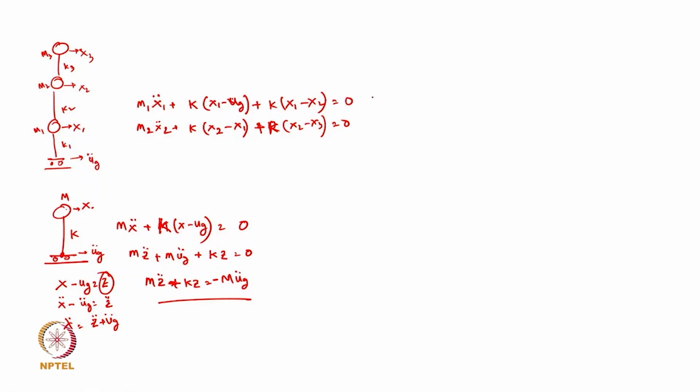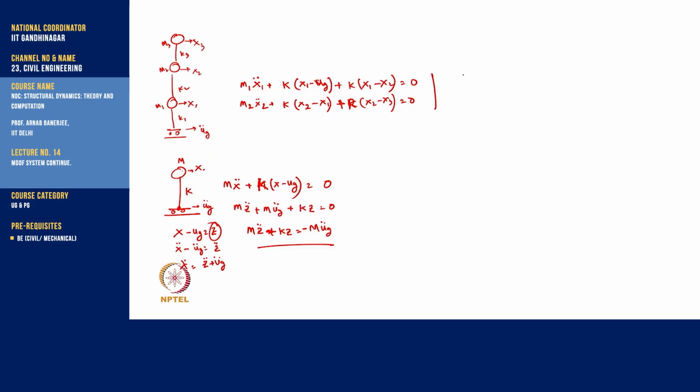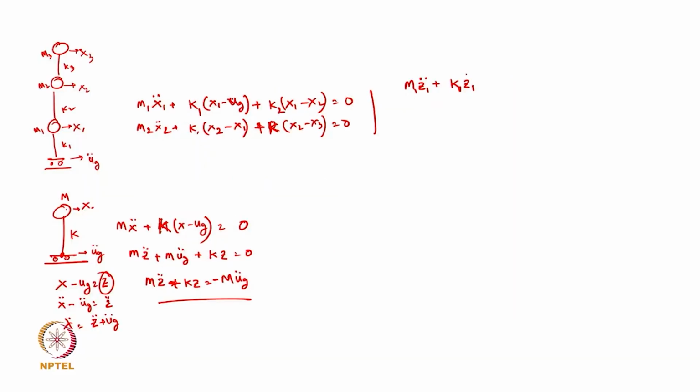This is if you are writing in terms of the x coordinate. If you are writing in terms of the z coordinate, as we have seen here, it will be m1 z1 double dot plus k1 into z1 plus k2 into (z1 minus z2), equal to minus m1 ug double dot.